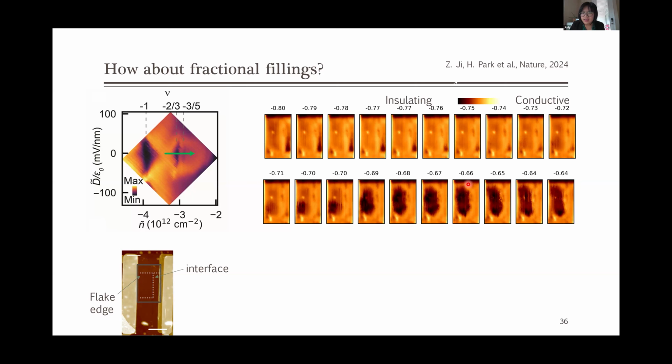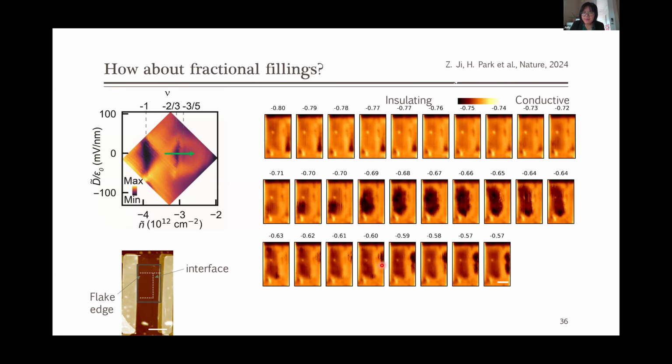This center is insulating again. So here we again saw the bulk edge correspondence. And then a similar thing happens at nu equals to -3/5. And that marks the observation of the fractional Chern insulator edge states.